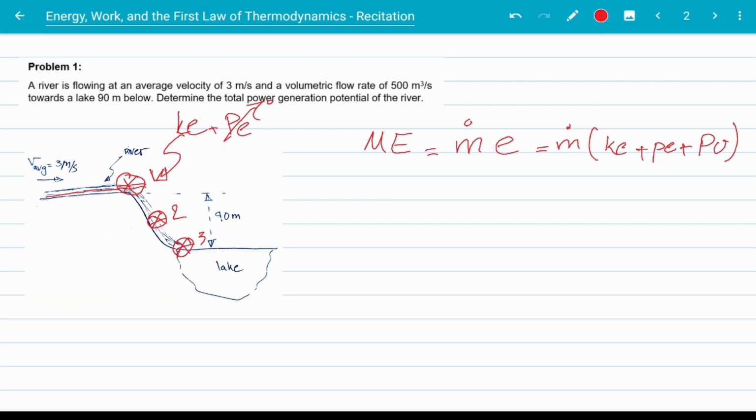At point 2, we still have the kinetic energy, and we also have a bit of potential energy for this distance, right? At point 3, we have the kinetic energy, we have potential energy, but this time the potential energy is this much.